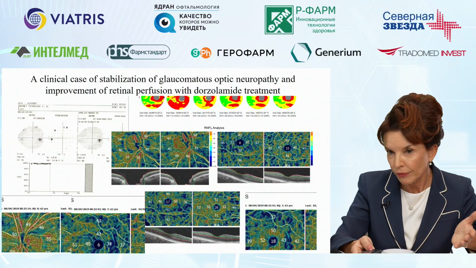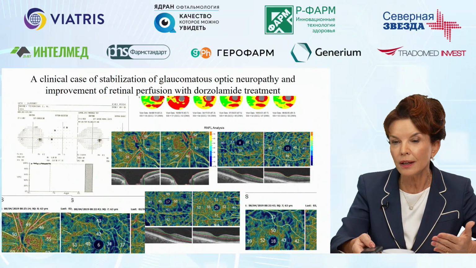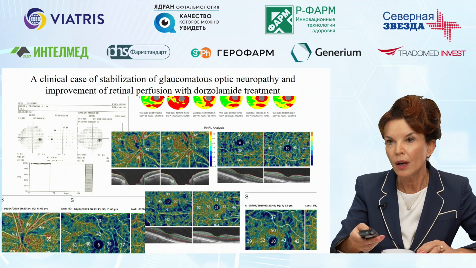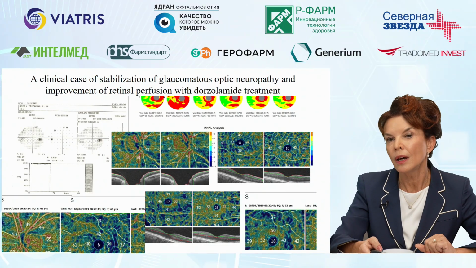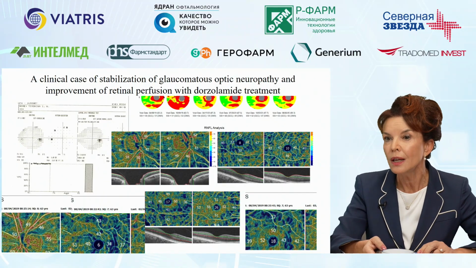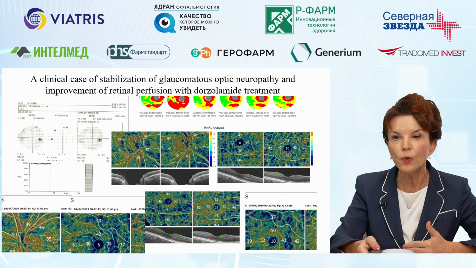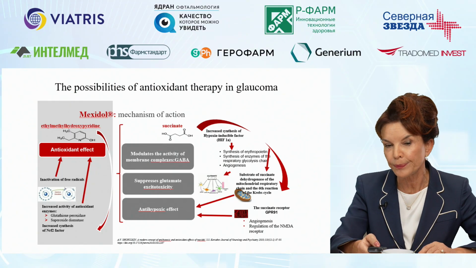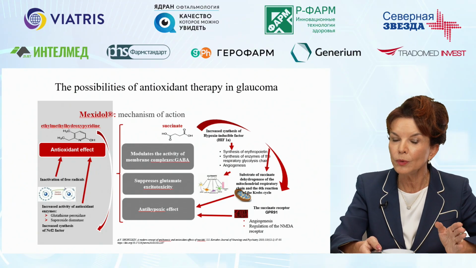hemotransfusion of the retina. Here is an example of a clinical case where we have a stable disease on dorzolamide, the field of vision is unchanged for many years, and you can see the blood flow in the radial plexus and the deep plexus has not changed.